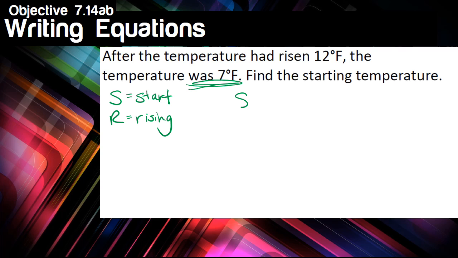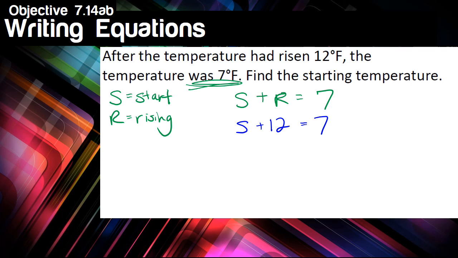So we set up our equation: S, and then the rising plus R is equal to 7. Yes, you heard that correctly, 7. So it's risen 12, so we're going to fill in positive 12 for the rising. Let's figure out what our starting temperature was.